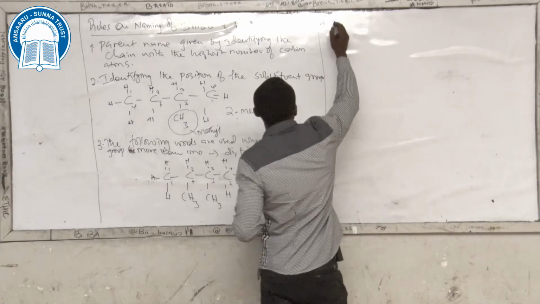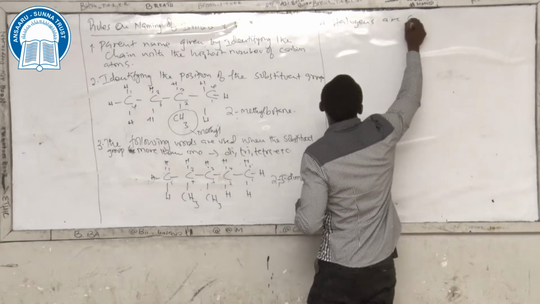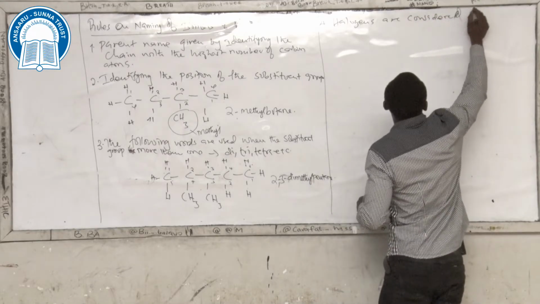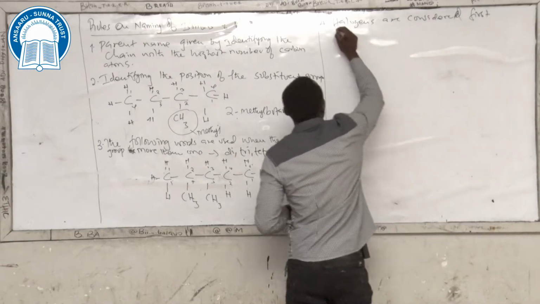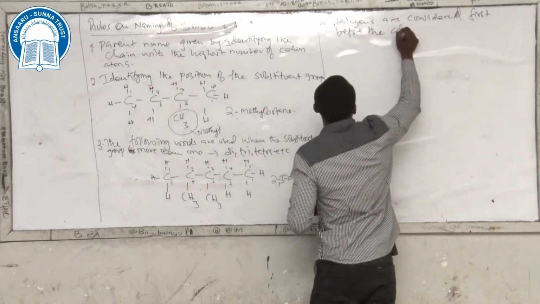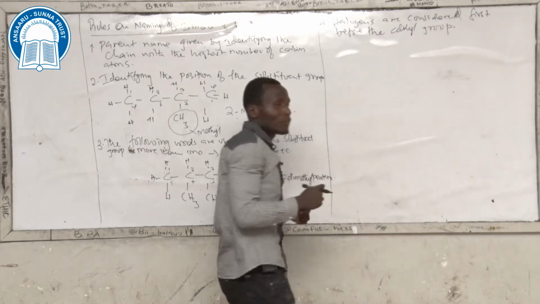So we say that halogens are considered first before the alkyl group.